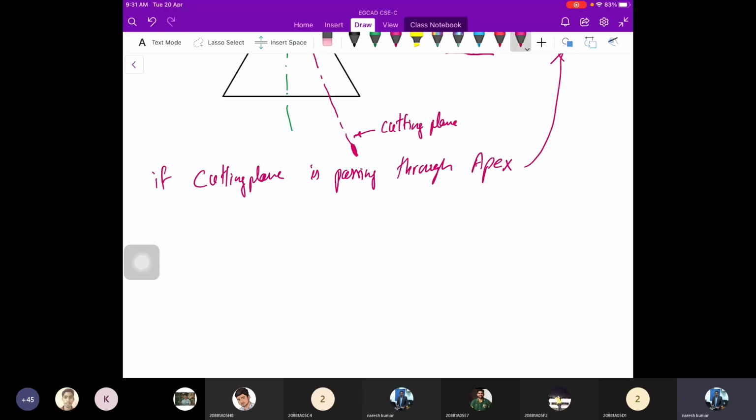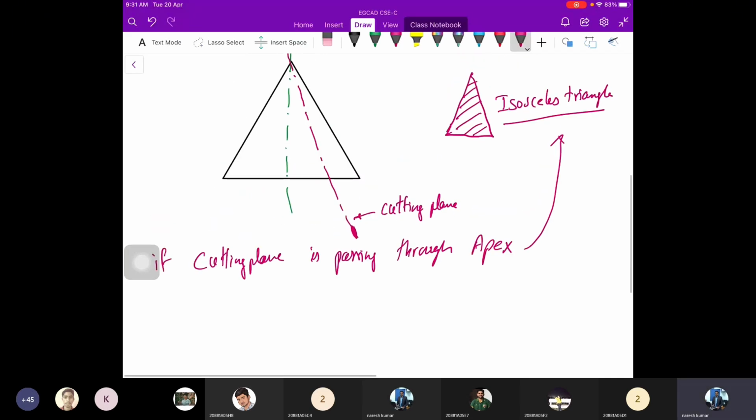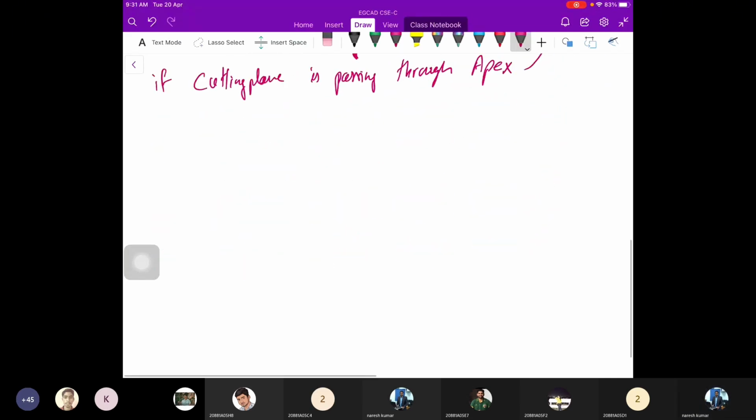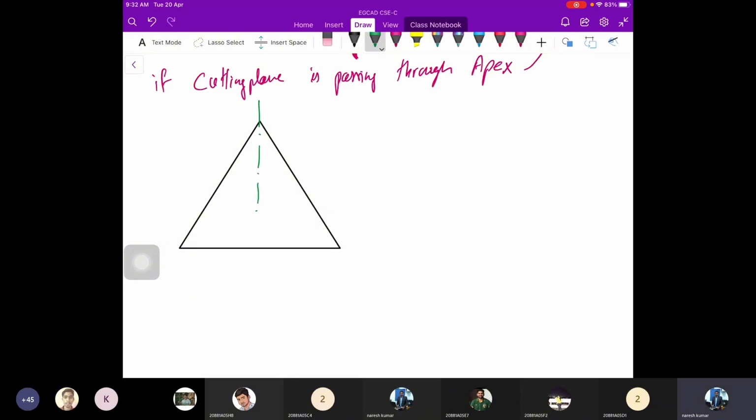Now the same cone. We know the apex angle is 2 alpha, so here it will be alpha only, as I'm taking one portion of the angle. We are making some angle theta.